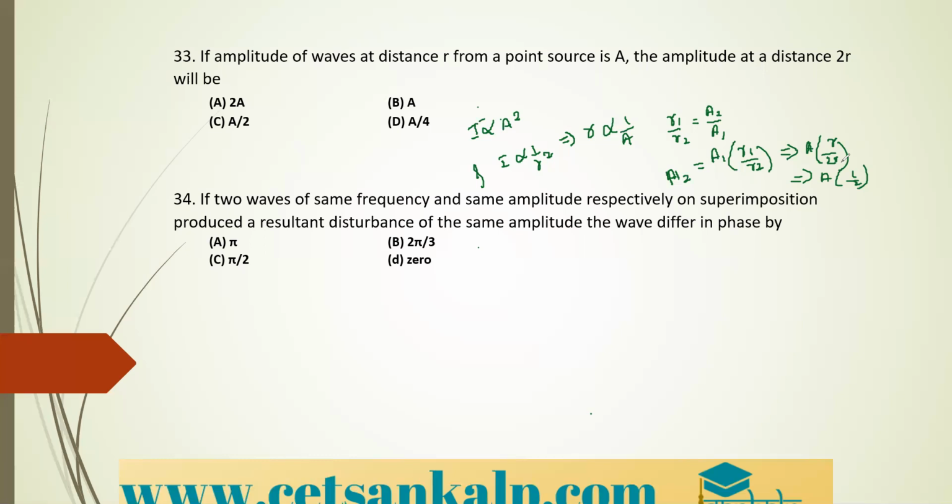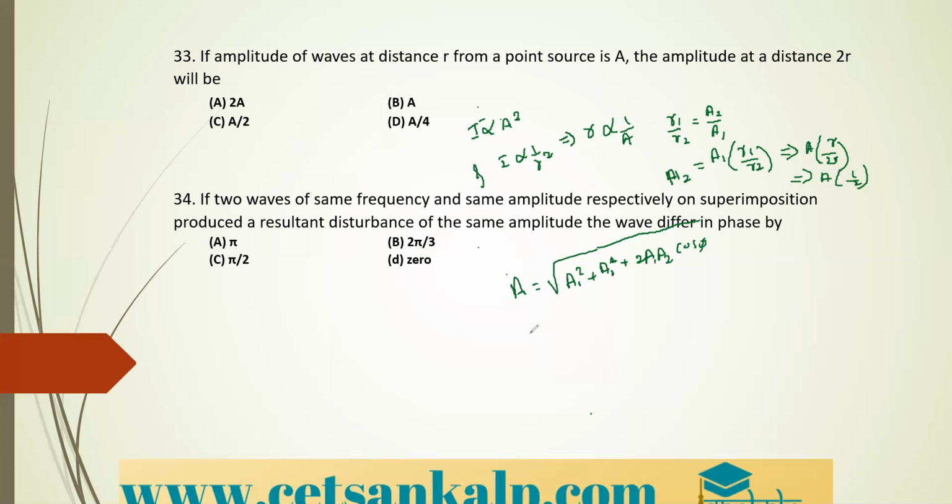You can simplify it by knowing the relation for the resultant amplitude: A is equal to the square root of A1 square plus A2 square plus 2A1A2 cos phi.